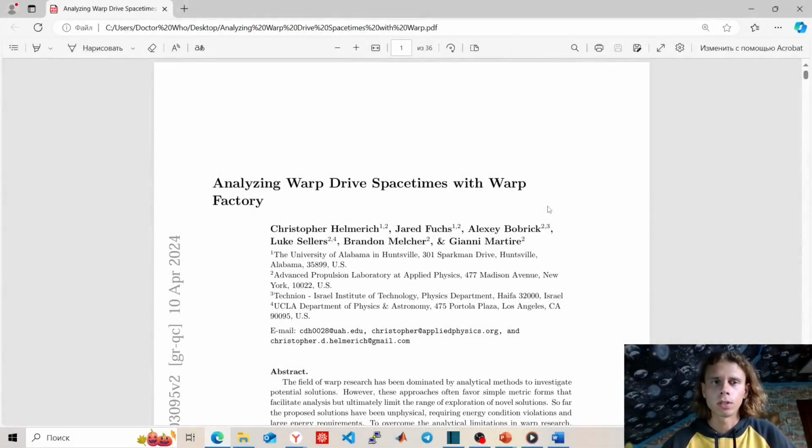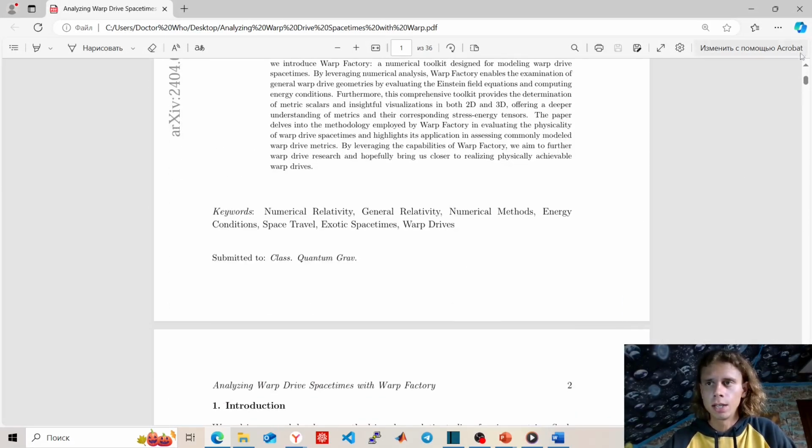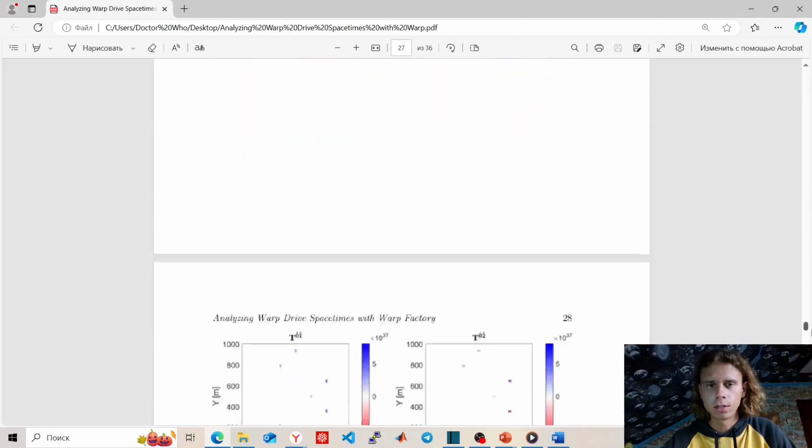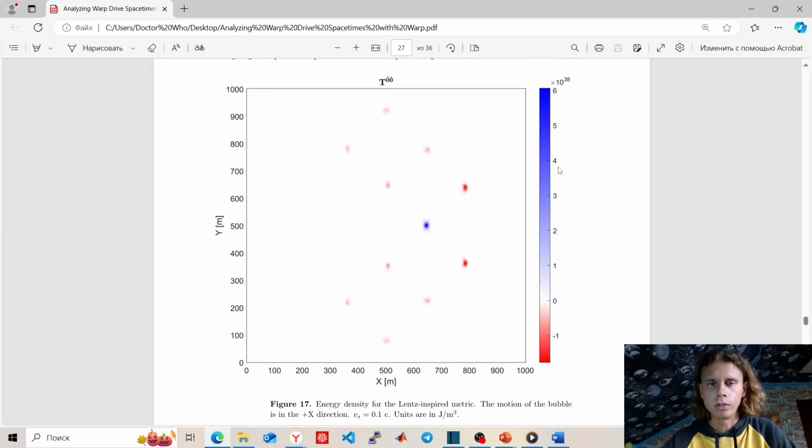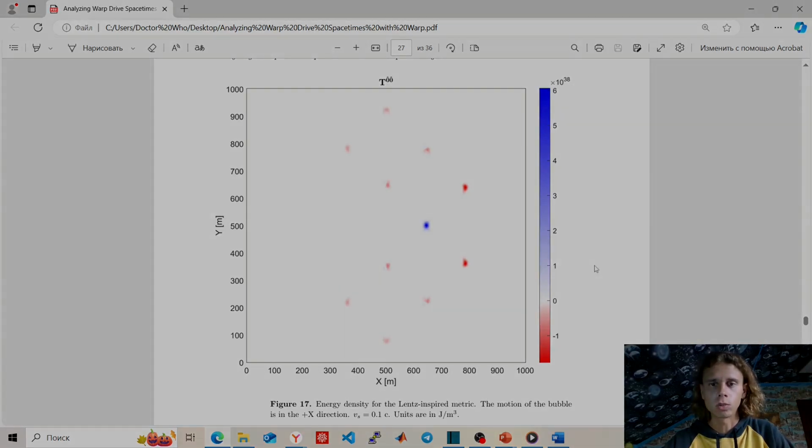Let's take a look at this paper analyzing warp drive spacetimes with Warp Factory, and specifically at the example of the Lentz metric. Here you can see the energy distribution. This is the inverse 0,0 component of the stress energy tensor, and as you can see, it also requires this exotic matter in huge quantities.